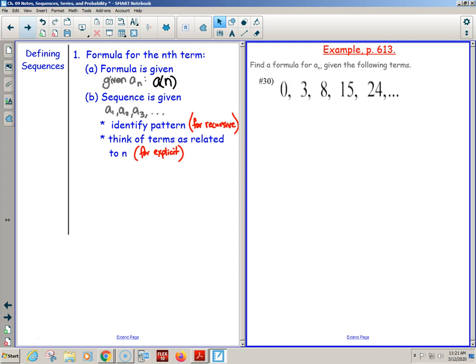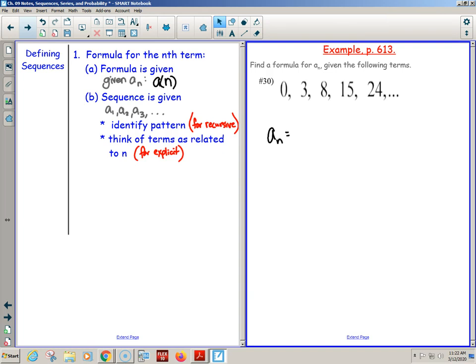And this is asking, number 1, can you find a pattern, but number 2, and possibly separate from the pattern, can you think of how you could plug in 1 to get 0, plug in 2 to get 3, plug in 3 to get 8, plug in 4 to get 15, etc.